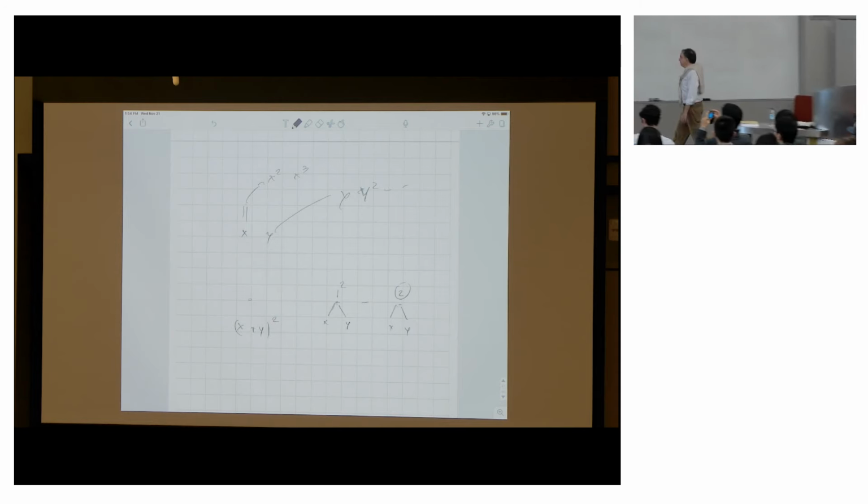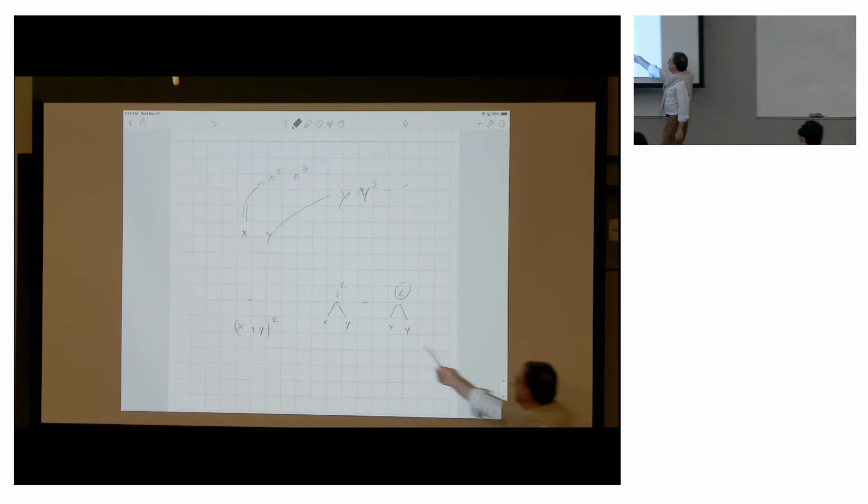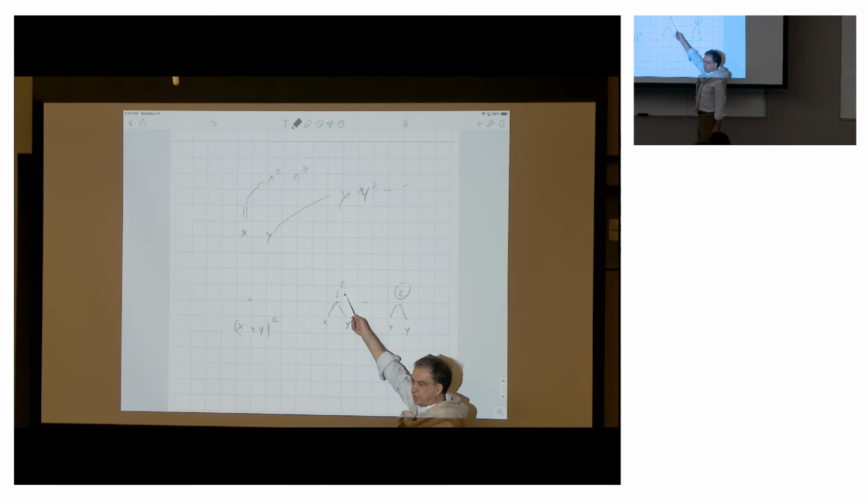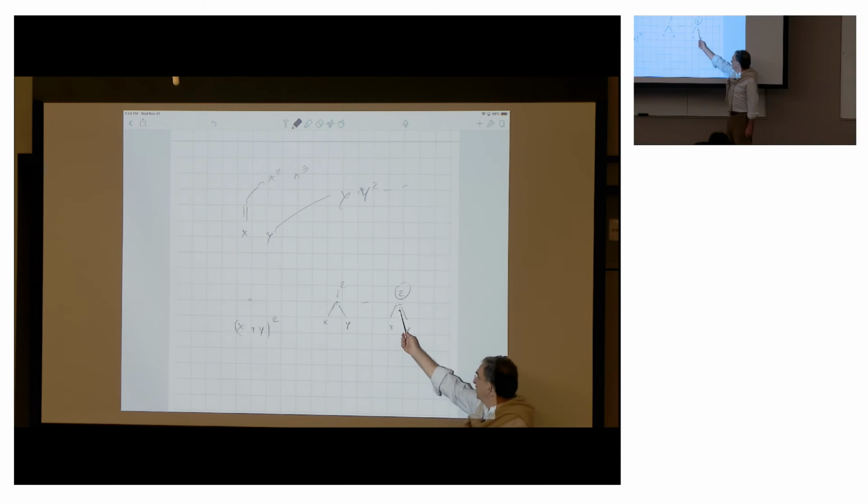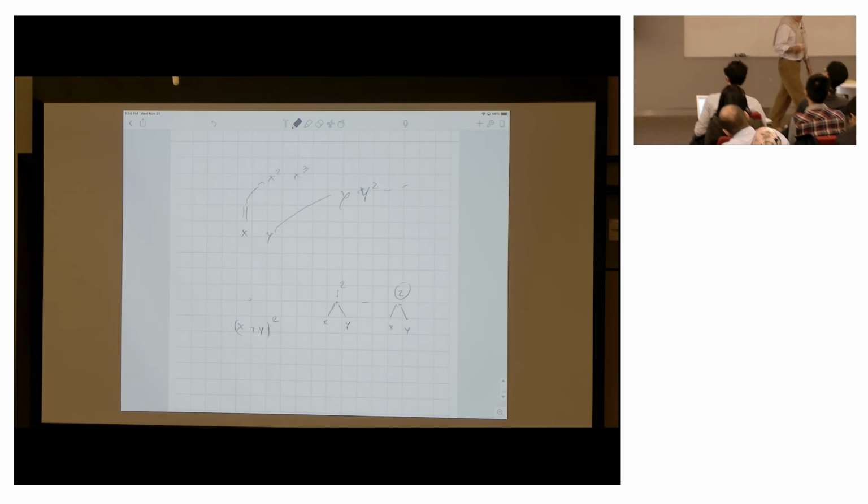So now I have x squared plus y squared plus 2xy here, and here I have x squared minus 2xy plus y squared. And when I take the difference, only the mixed term remains.